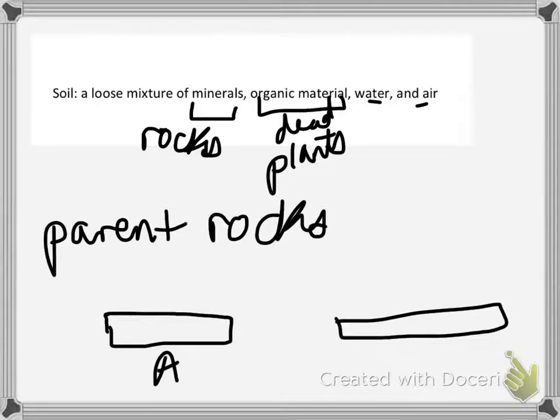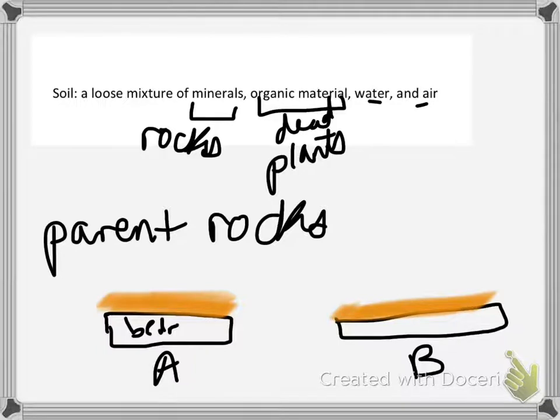This is location A, and this is location B. On top of the rock, you have the soil that's been formed from the weathered bedrock. So as this bedrock weathers, it's going to help contribute to the formation of soil. So the soil that lays right on top of it is called residual soil.